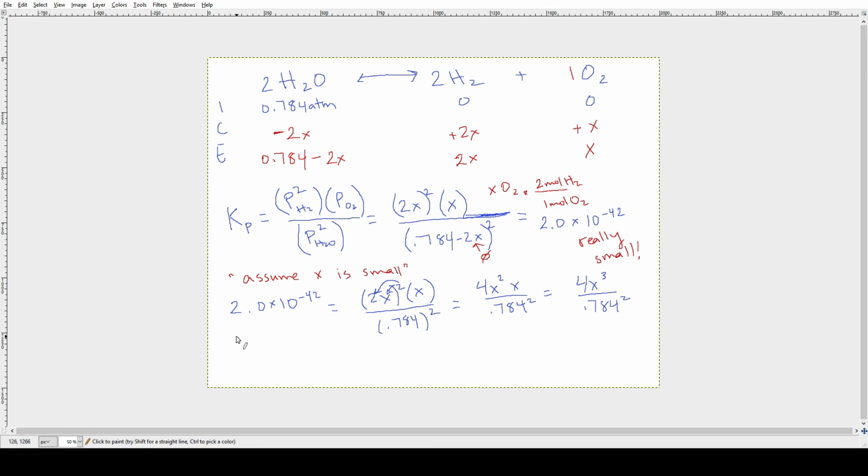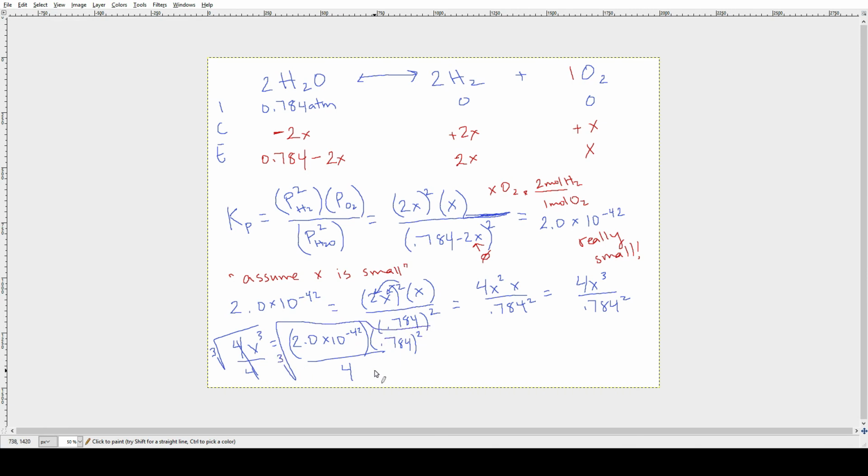I'm going to rearrange it, so I have 4x cubed equals 2 times 10 to the negative 42 times 0.784 squared. I'm going to divide both sides by 4, and I'm going to take the cube root.